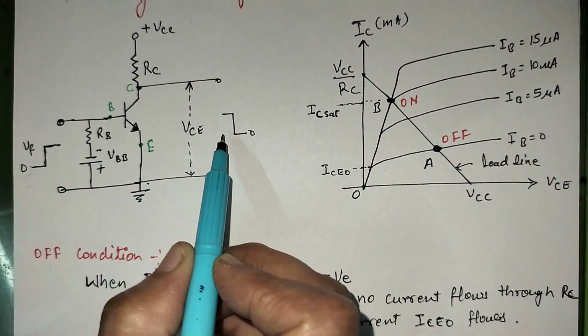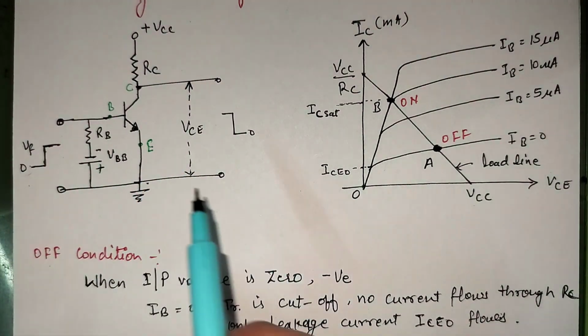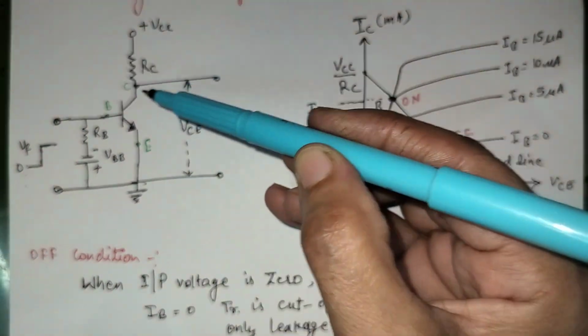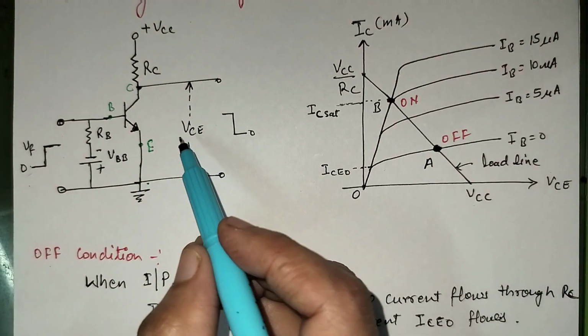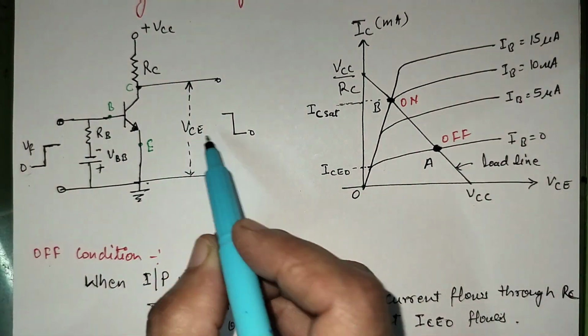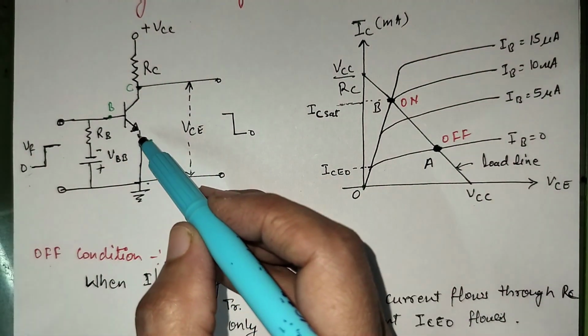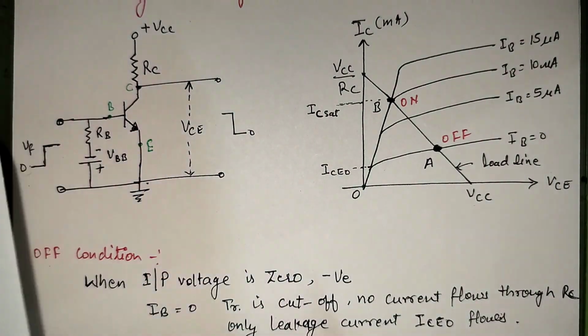So Vc will be minimum in this case when the transistor is operating in the saturation region, because in this case the collector and the emitter work as a short circuit, and this will be minimum, meaning it will be like a 0.